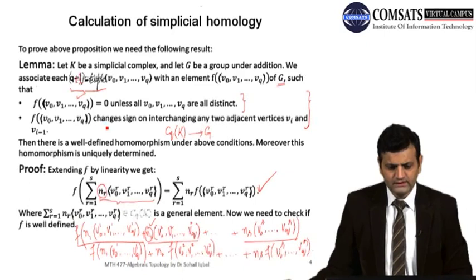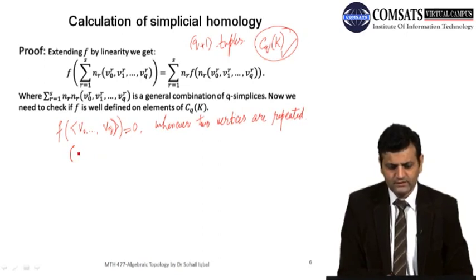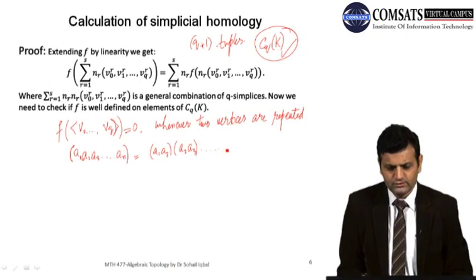Once again this is clear because every permutation can be written as a product of transpositions. For example, if I have a permutation A1, A2, A3 up to AN, then I can write it as the product of transpositions A1 A2, A2 A3, and so on up to AN minus 1 AN.